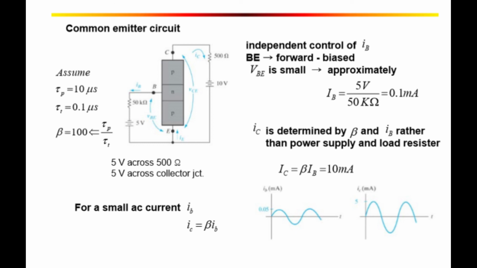So this gives a base current equal to 0.1 milliampere. If our hole transit time is tau p and the total transit time is tau t, then when we take the ratio, beta, the current amplification factor, becomes equal to 100, and the collector current turns out to be 10 milliampere.